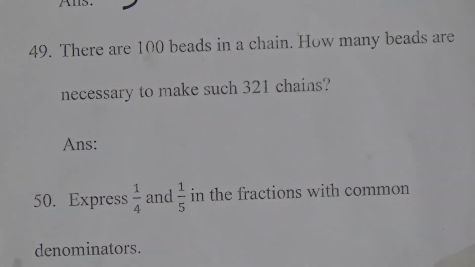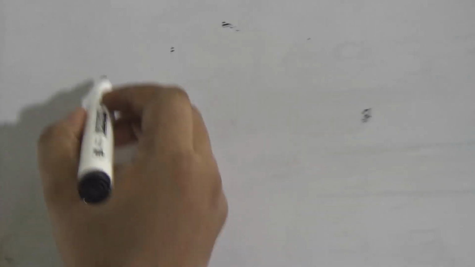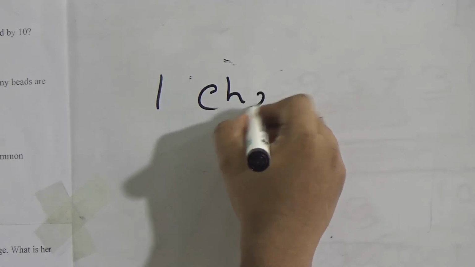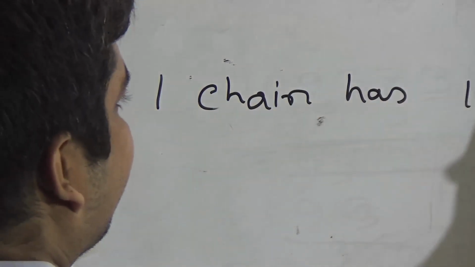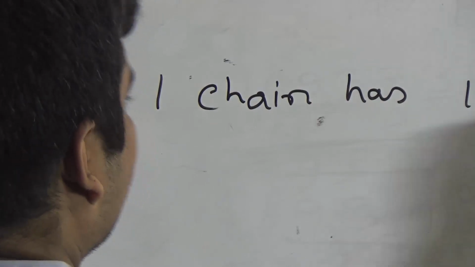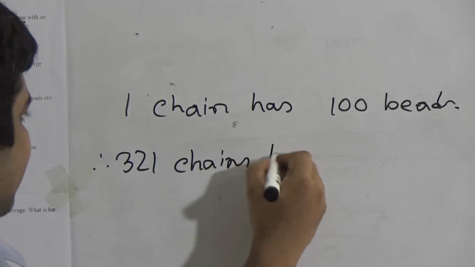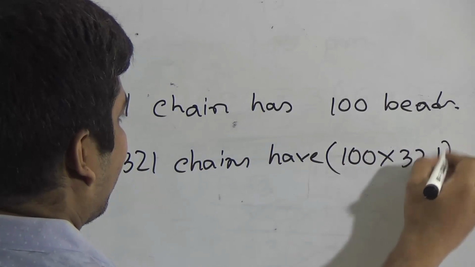I hope you have understood. So one chain has 100 beds, so 321 chains have 100 multiplied by 321 beds.